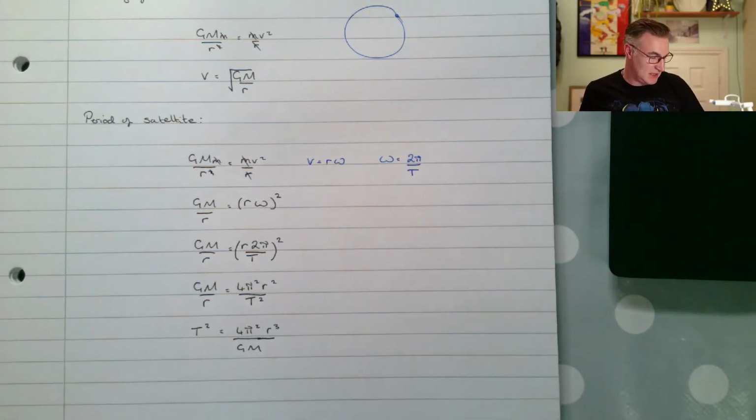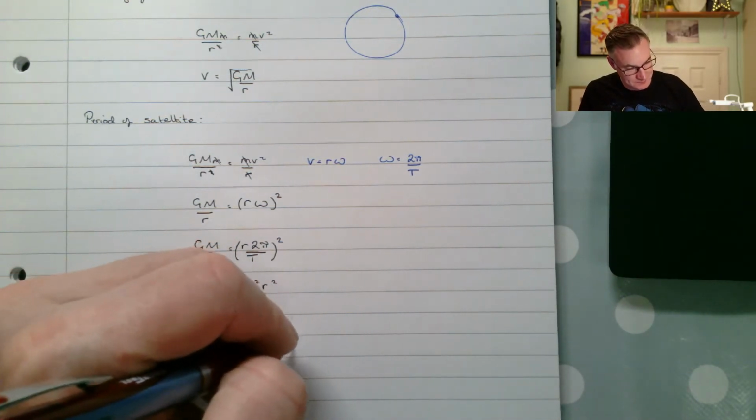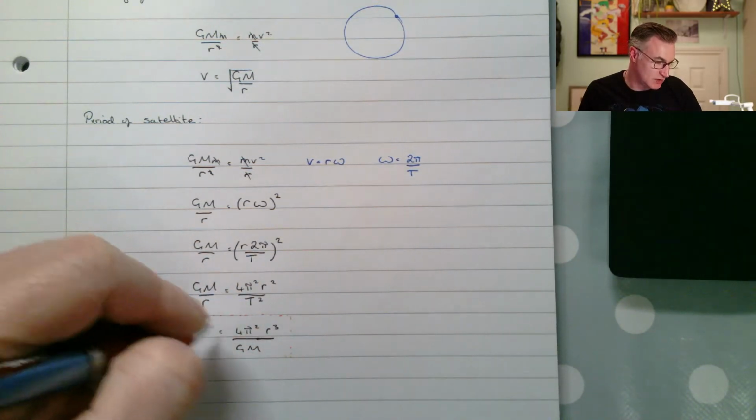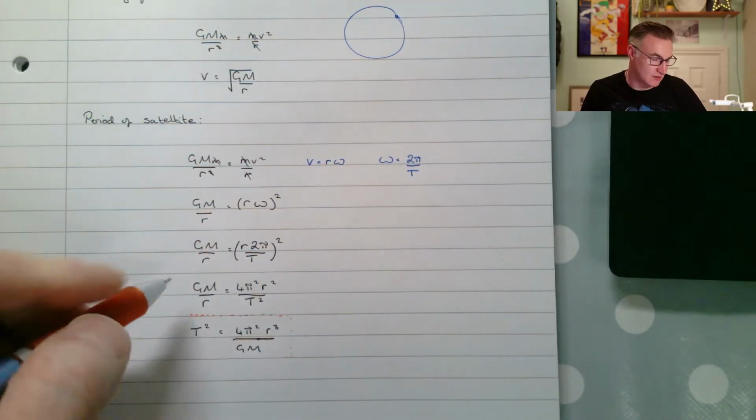Giving us this. Now, we could go further. If we wanted to find the period, we would just take the square root of this here.